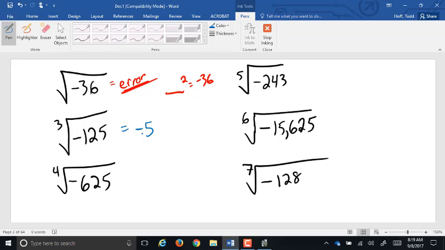Where's your negative here? Negative's right there. Negative 125. 3 shift caret. Might have to do parentheses. You gotta do parentheses around your negative number and put it in. You may have to do 3 shift caret and then do parentheses, negative 125, close your parentheses. You do it.